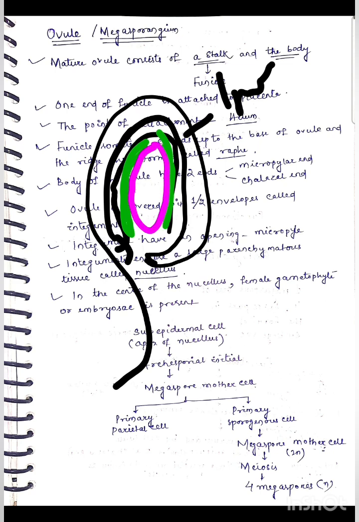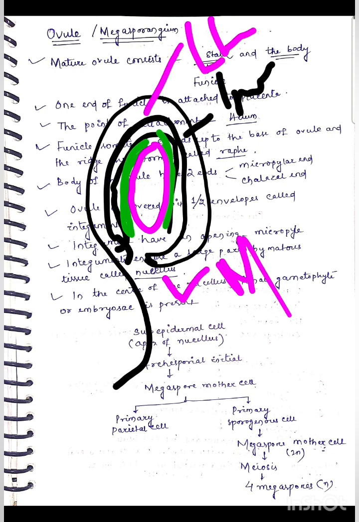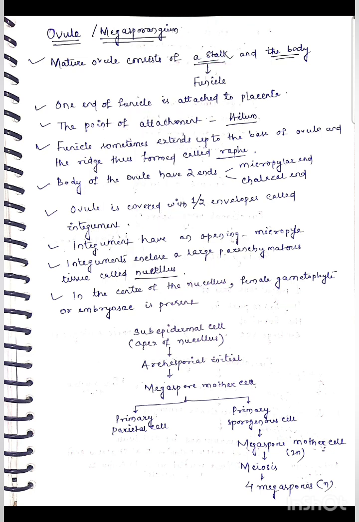This ovule has two ends. One is the micropylar end, one is the chalazal end. Then inside it, eight nuclei and 7 cells are present. We will discuss what those cells and nuclei are later on. So now we will discuss how this structure, this ovule, is developed.